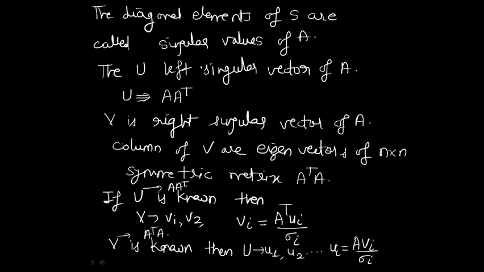So let us start with the first example of the singular value decomposition. So find the singular value decomposition of. But before this, let us see the examples of 2 marks where we are asked to find out just the singular values of the given matrix.